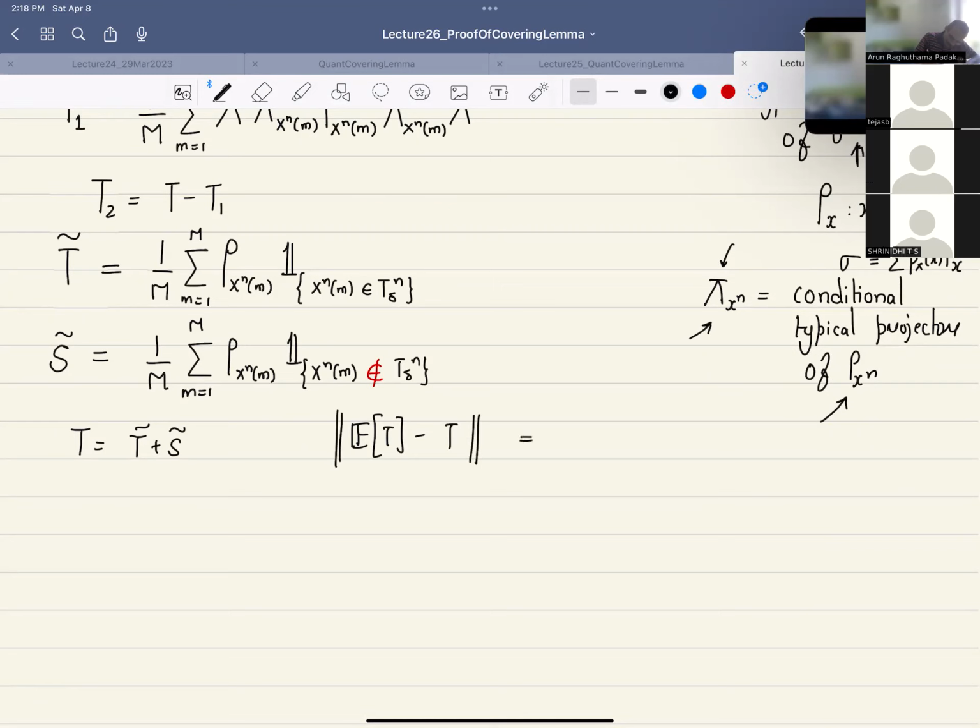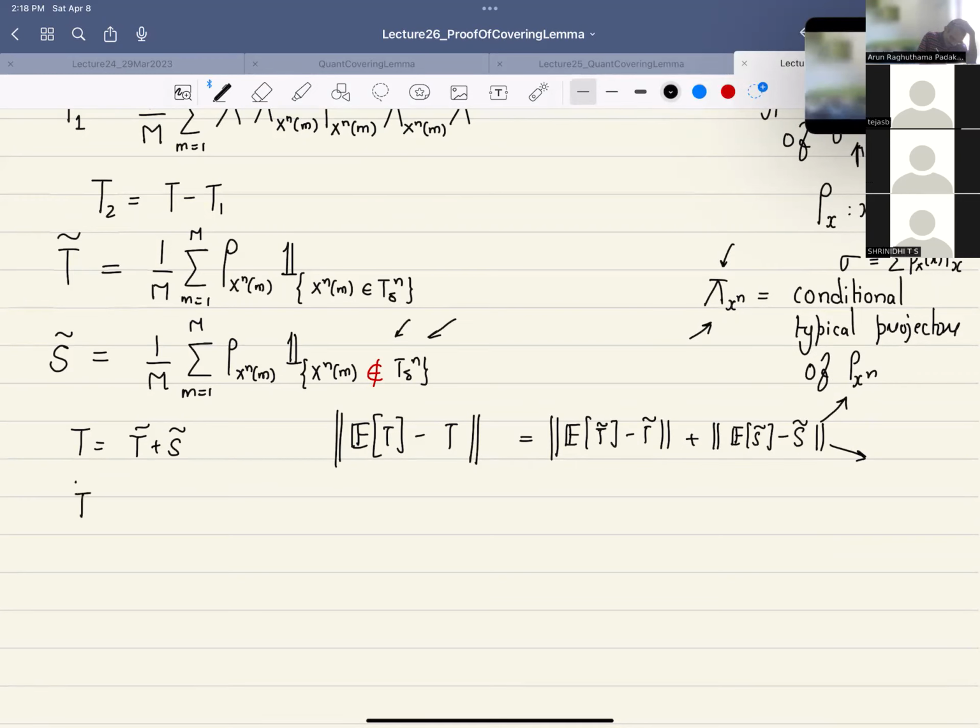So you write this as expected value of T tilde minus T tilde plus expected value, using the triangular inequality, minus S tilde. You can show this term is very small because each is a bounded trace, and you can do the triangular inequality and then just compute the probability of this and show it is small. All that you can do.